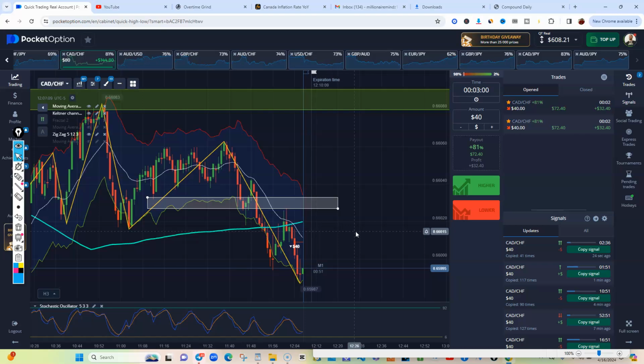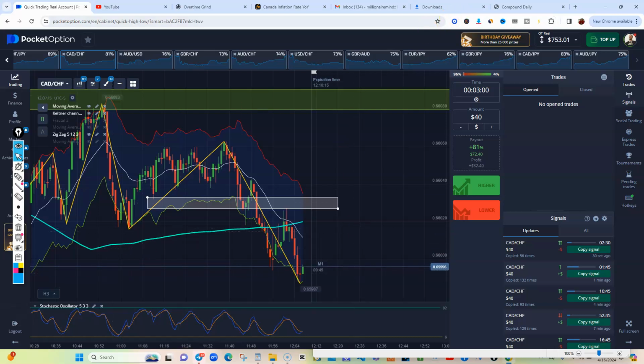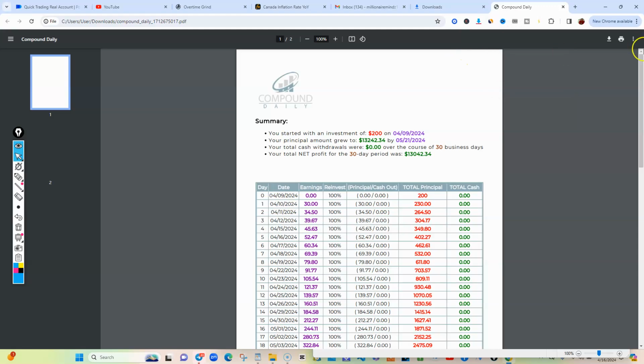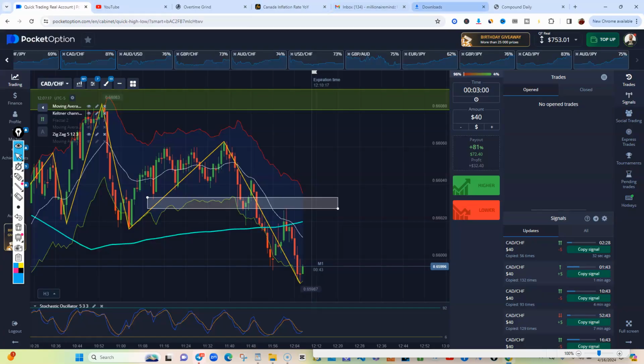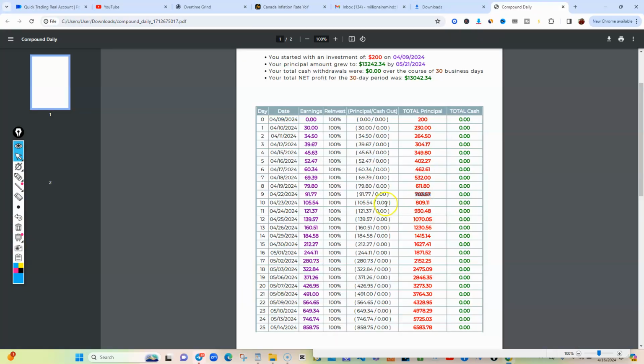You know what I'm saying? Give me to my 700 probably. Let's see. Yep, 752. So now, as you can see on this compound plan, I started at 200 and now I'm in the sevens, which I'm actually past this, closer to maybe 750. Okay. Yeah, closer to this.